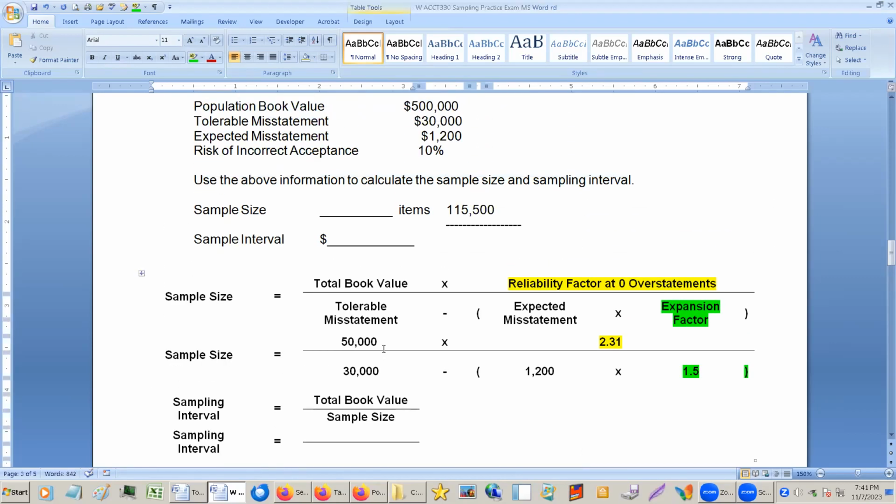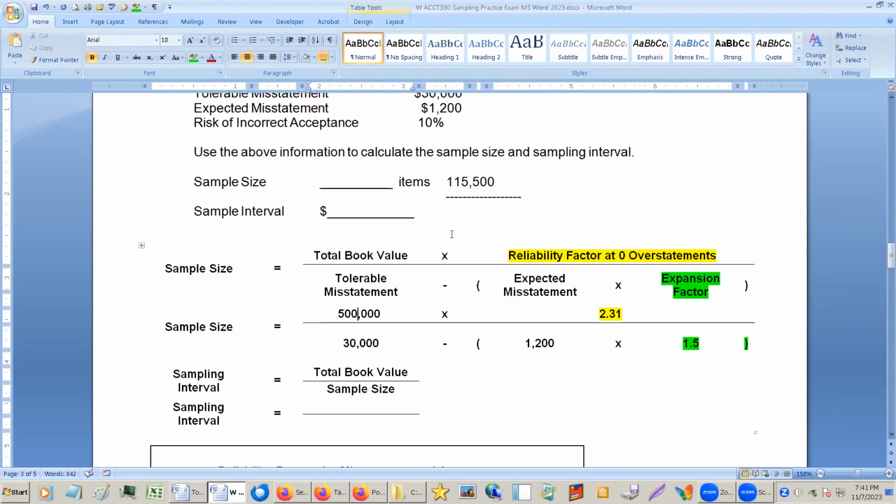Yes, it's supposed to be 500,000. My bad.